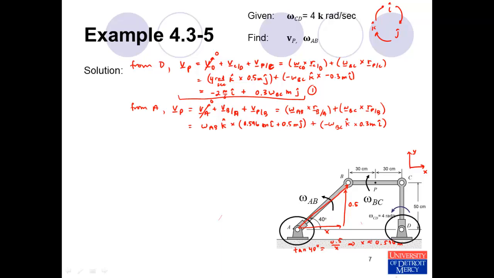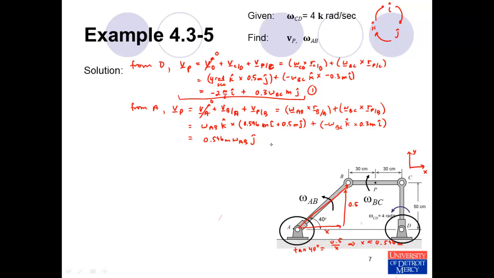We then can perform these cross products. We have omega AB times 0.596. We have k cross i, which results in a positive j.